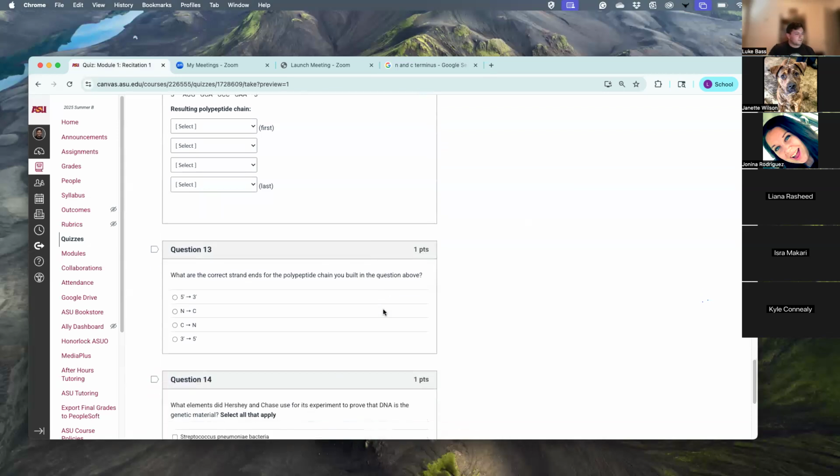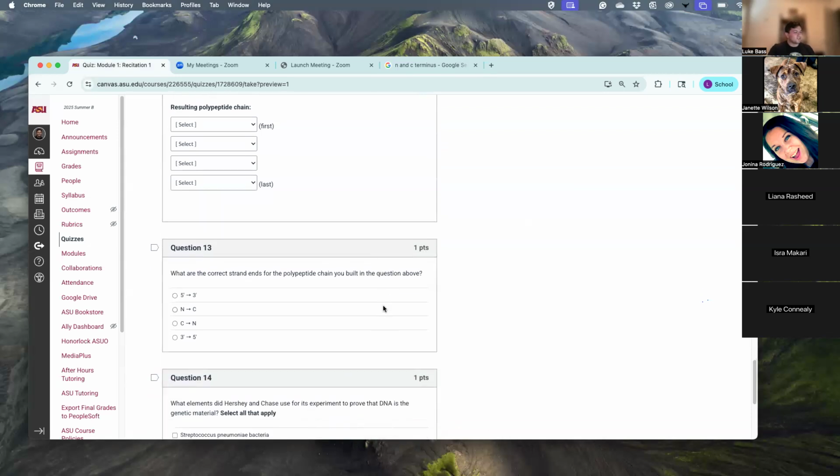let's see, how do I explain this without giving away the answer exactly? You're going to see that the first amino acid, methionine, if you're thinking orientationally, the left side of it is going to be free, and that's where the amine group is. So the polypeptide chain itself is going to follow the same orientation as the mRNA sequence.